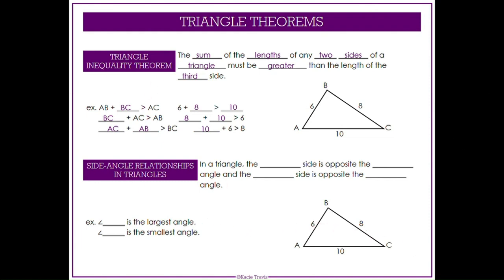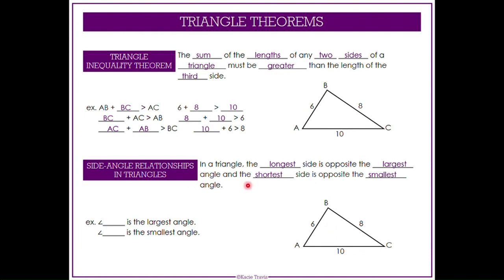All right, the next one is the side-angle relationships in our triangles. When we look at a triangle, the longest side is opposite the largest angle, and the shortest side is opposite the smallest angle. If I look at my triangle over here, I see my longest side is 10, my shortest side is 6.